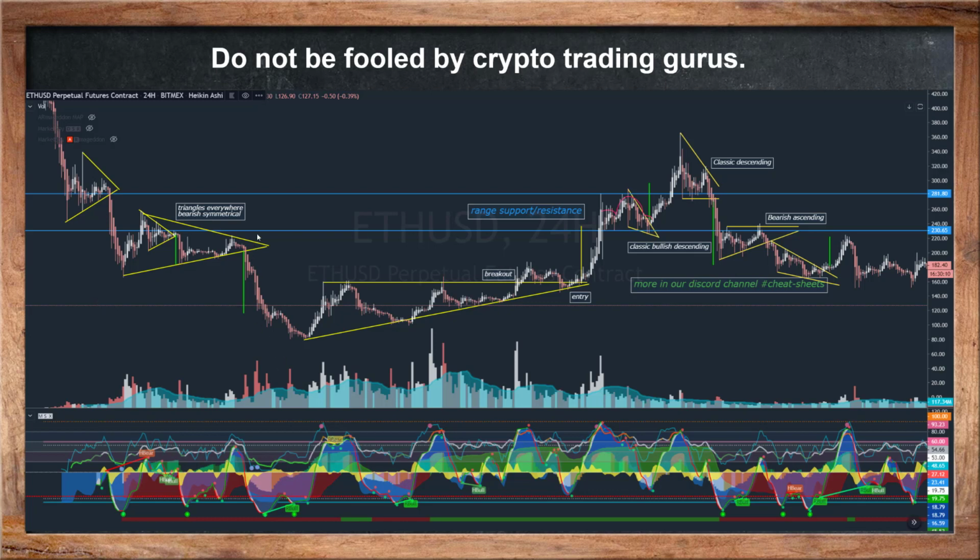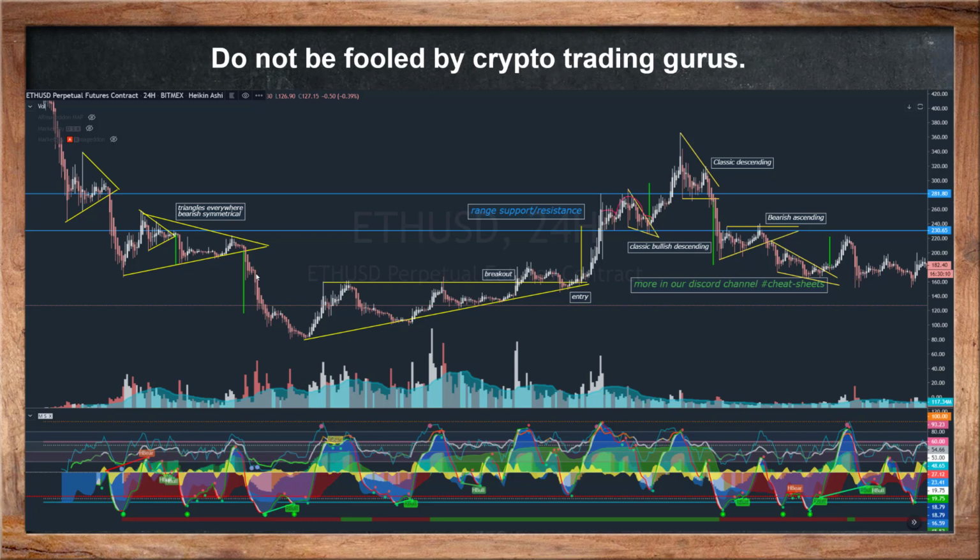Triangles are everywhere. If you look at this chart, this is Ethereum USD recently, and we have a symmetrical triangle here, another smaller symmetrical triangle here, another symmetrical triangle here, a triangle within a triangle. Now, I'm referring to these as triangles and not specific definitions like pennants, bullish, descending.